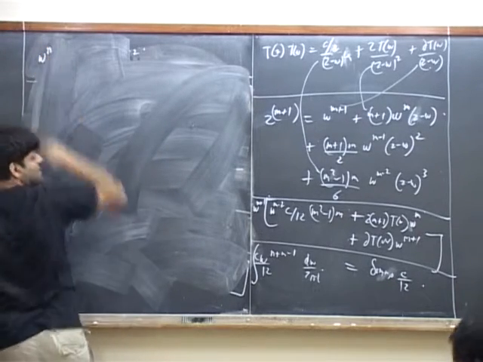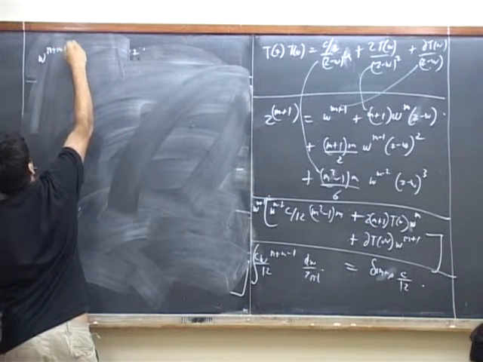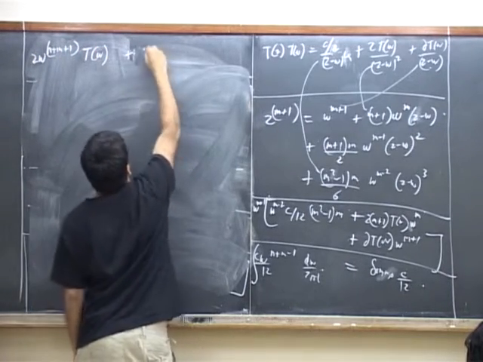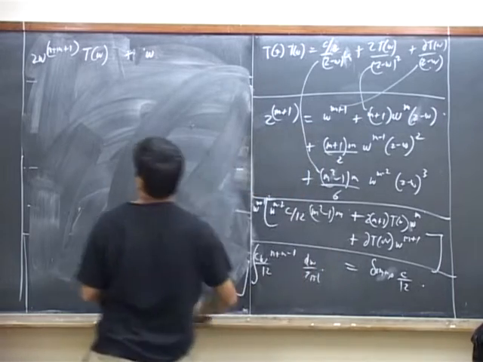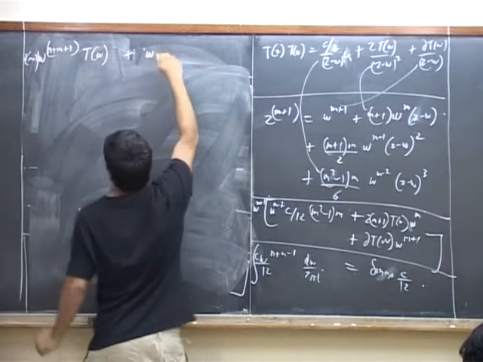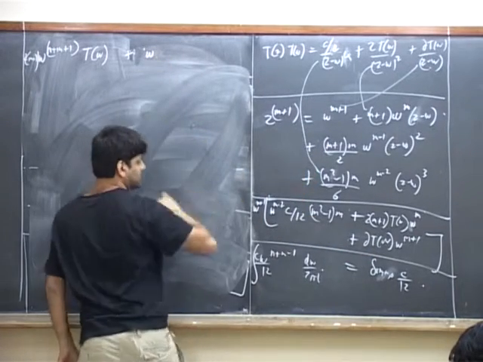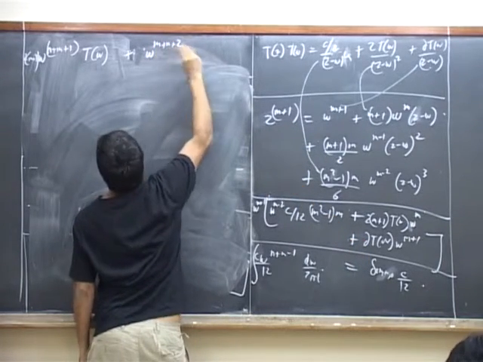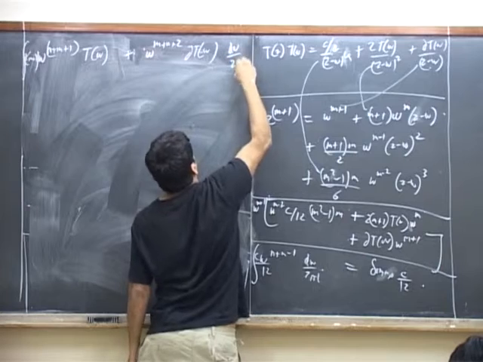This is w to the power n plus m plus 1 into 2t of w, plus w to the power 2 into n plus 1, I'm sorry, 2n plus 1, plus w to the power n plus n plus 2. This thing integrated dw by 2 pi i.